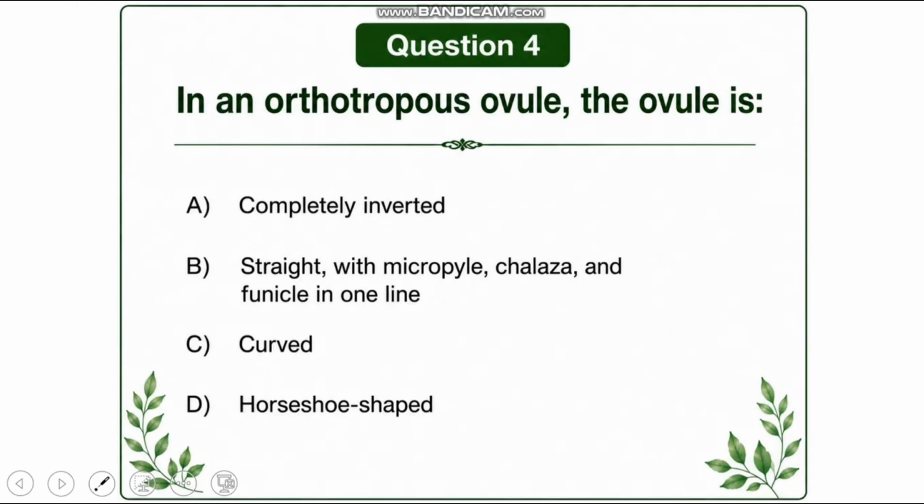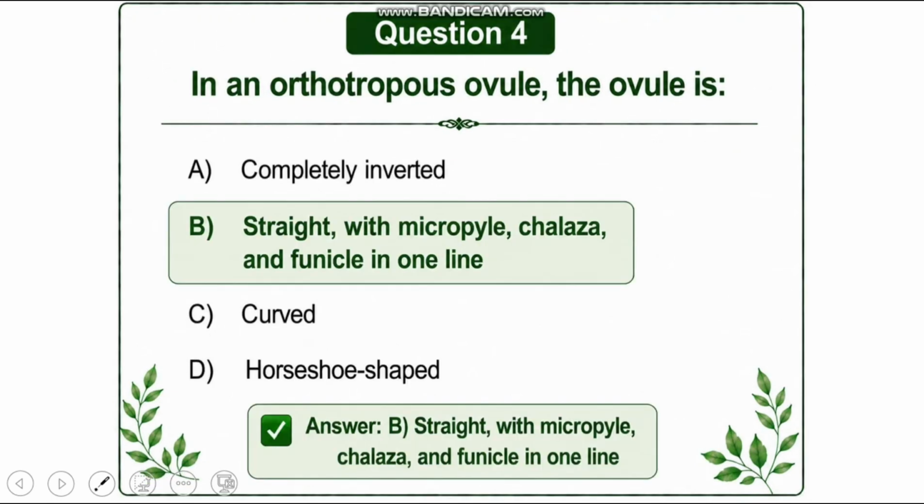Next question. In an orthotropous ovule, the ovule looks like what? The answer is B. The ovule is straight, with the micropyle, chalaza and funicle in a single line or single plane, as we studied just before.